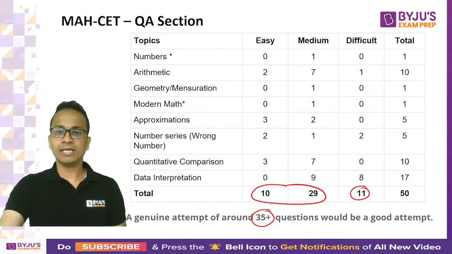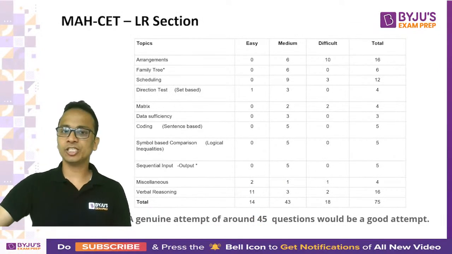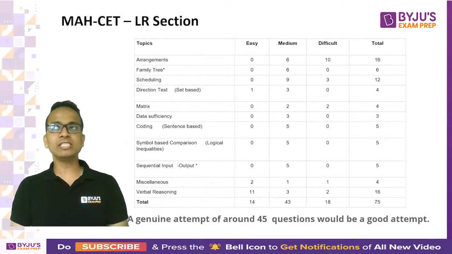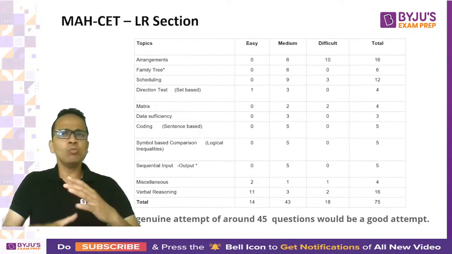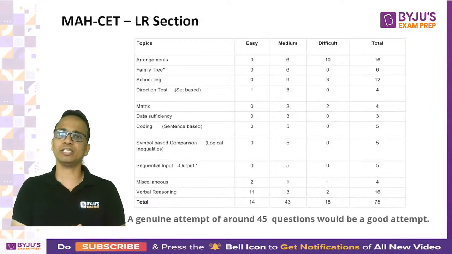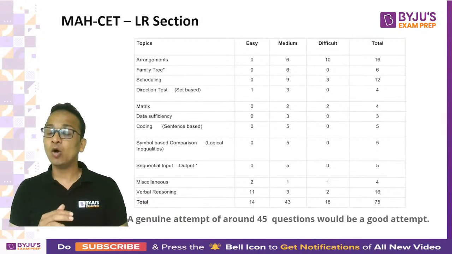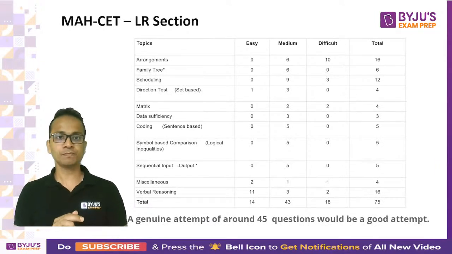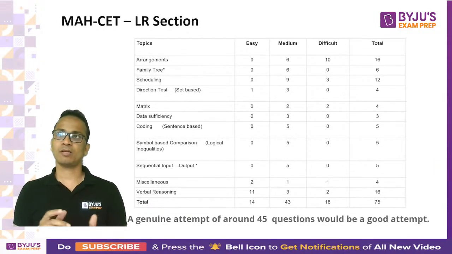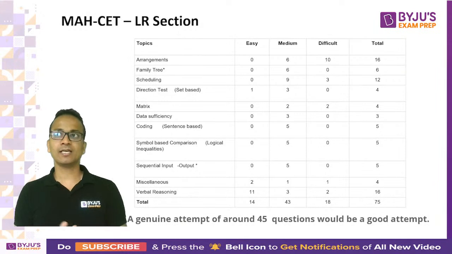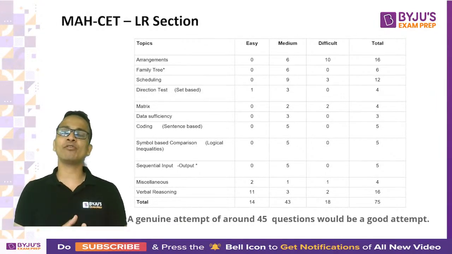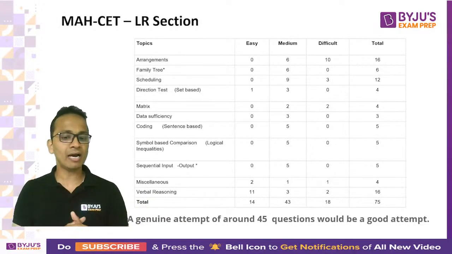All right. Now moving on to the logical reasoning section. In logical reasoning, you can expect questions from almost all the topics, starting from arrangements, which will have the majority of the questions, blood relations, ranking and scheduling, direction sense, clocks, calendars, coding-decoding. Coding-decoding can be of different types, as I've already taken in my sessions.